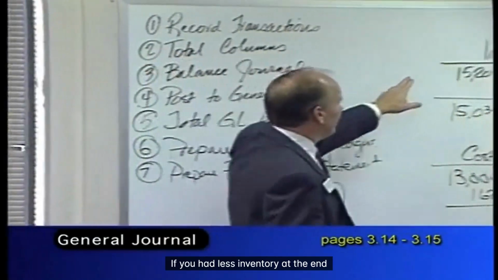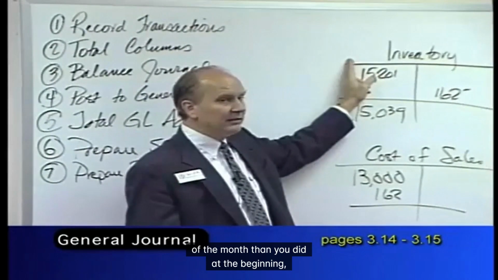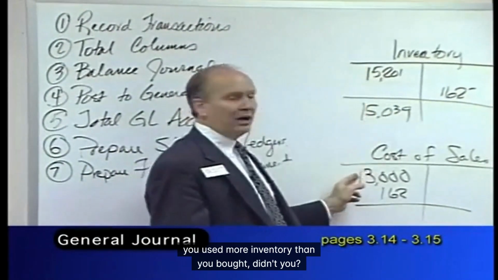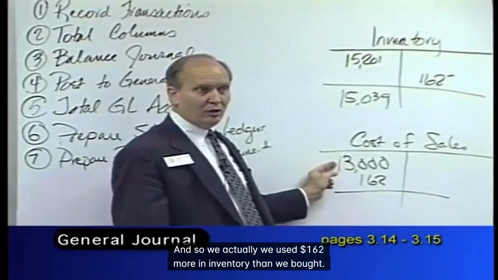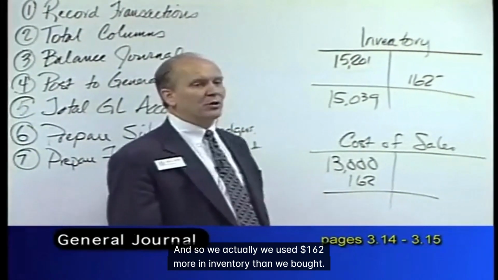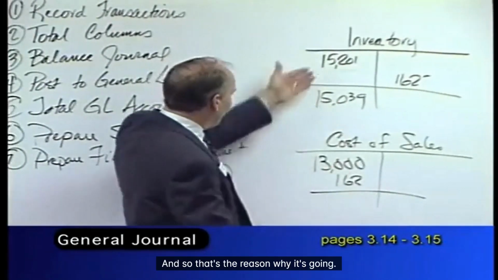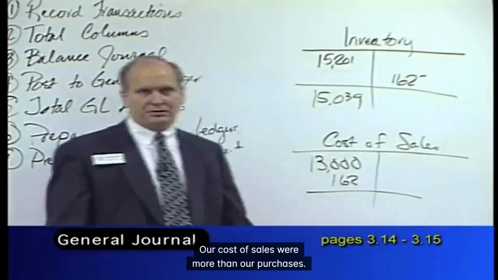If you had less inventory at the end of the month than you did at the beginning, you used more inventory than you bought, didn't you? And so we used $162 more in inventory than we bought.